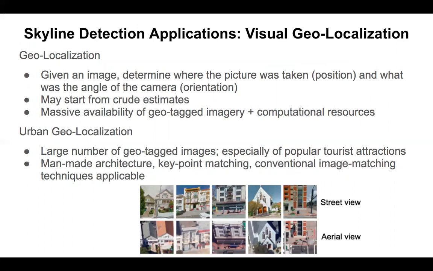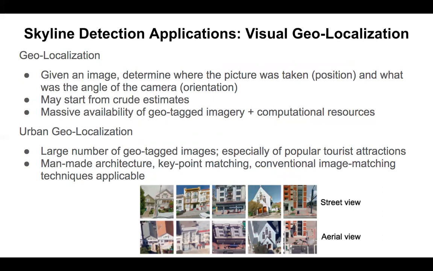Okay, so skyline detection finds many applications in the modern era. One of them is visual geolocalization. Visual geolocalization is the problem that, given an image, you want to know the position and orientation of the camera that took this picture. You can start from some crude estimates from the GPS and want to refine them given your data.